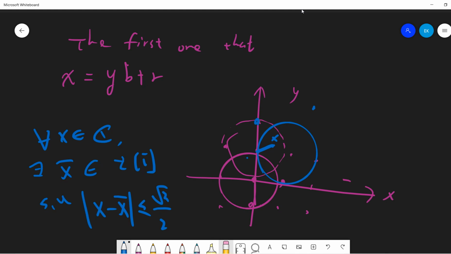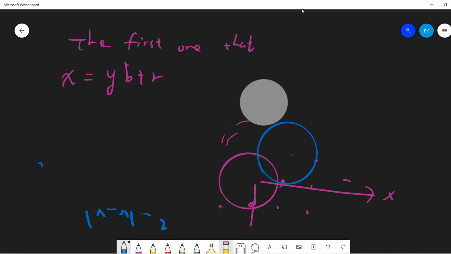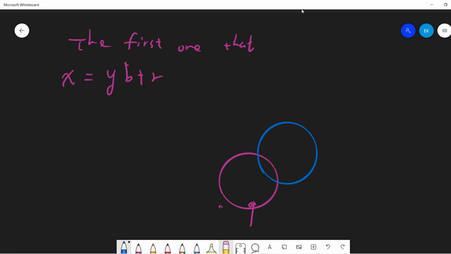Okay, so from this point of view, we can prove this fact. The proof is that suppose somebody gives you x and y, and the rest is just trying to find b.